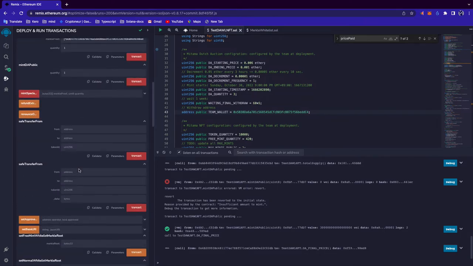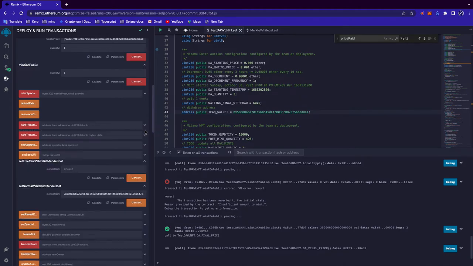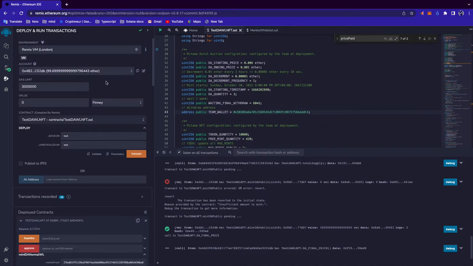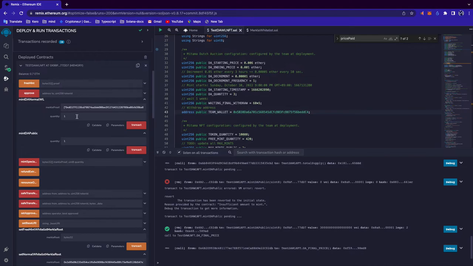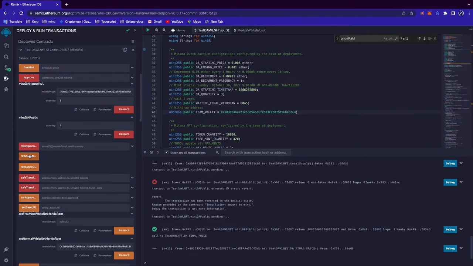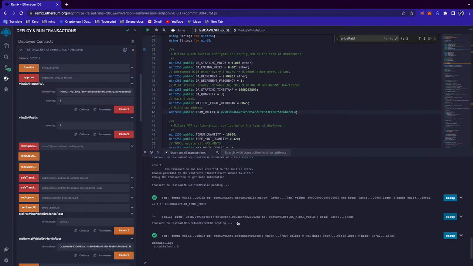So here is the refund function. As long as the minting period has ended, anyone can invoke this refund function. Let's try.